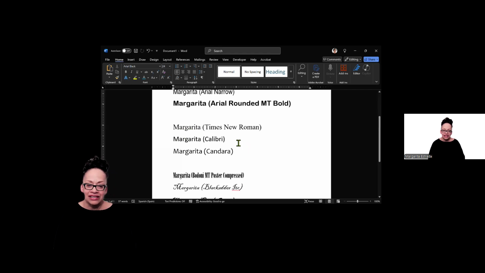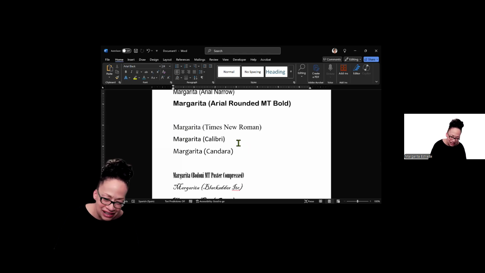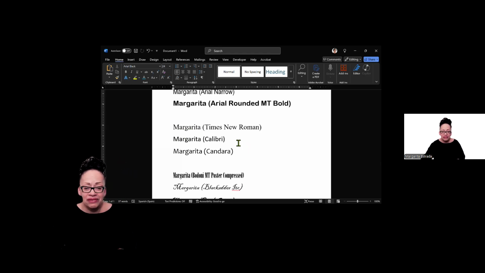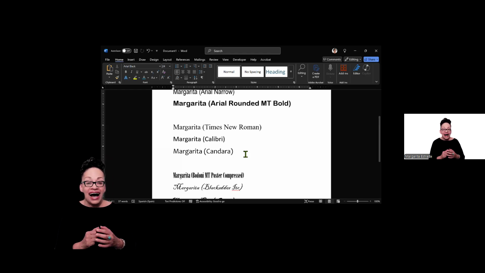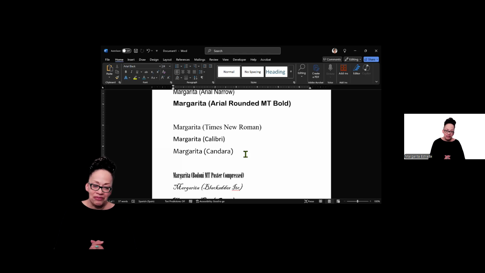Calibri is a sans serif font. Calibri is kind of like a fun font, I would say. But my favorite by far is Candara. This is the one I use for my website. It was very interesting. I did an experiment at my job. We were trying a trifold, and I decided to design the trifold in 3 different fonts: Candara, Times New Roman, and Arial.